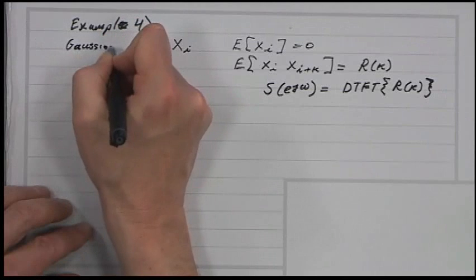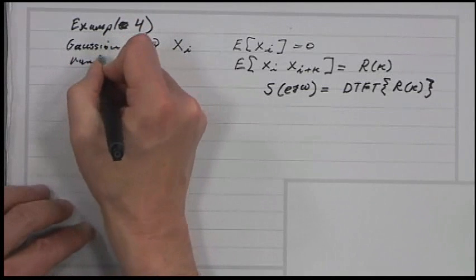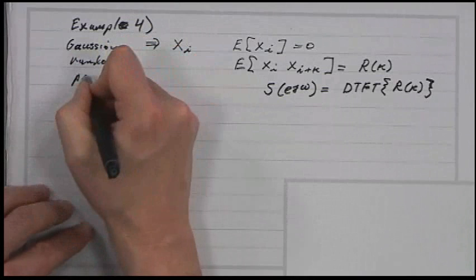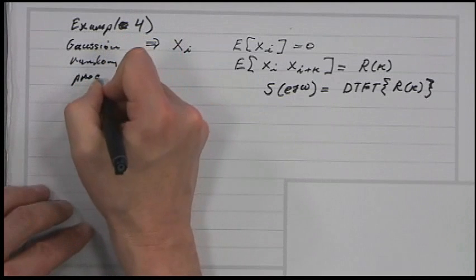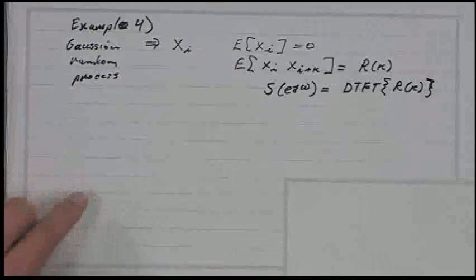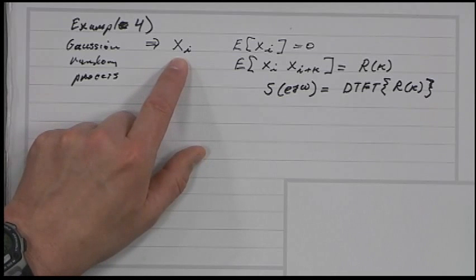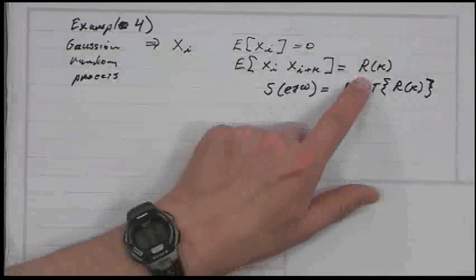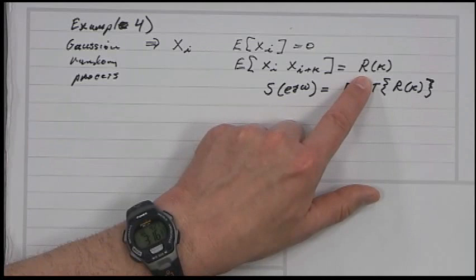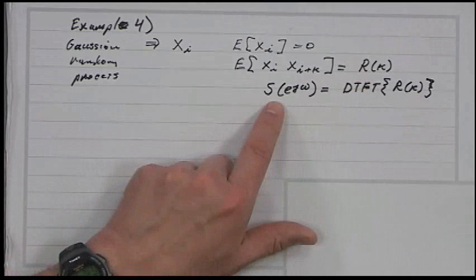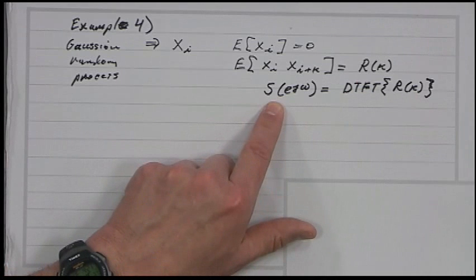A zero mean Gaussian random process, and it's stationary. Okay, it's wide-sense stationary, it's strict-sense stationary. Its autocorrelation function is r of k, and its power spectrum is S(e^{jω}), right?